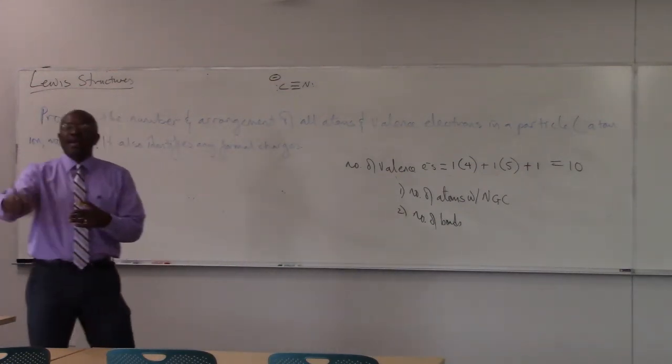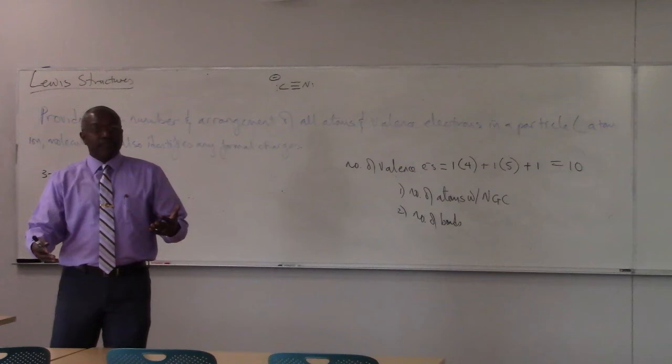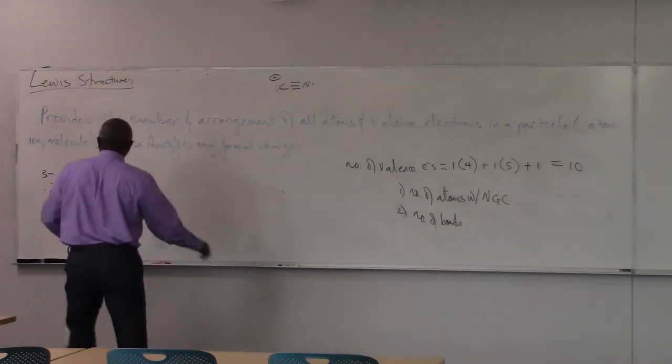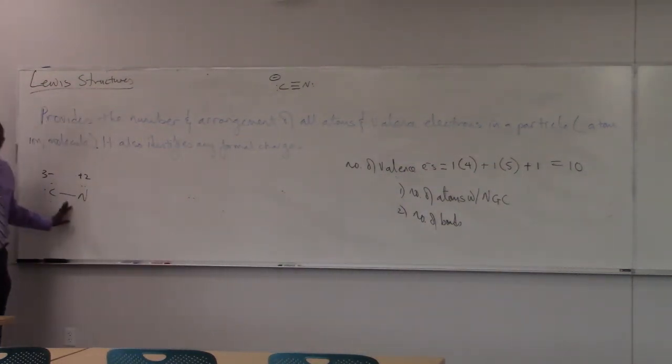So the more bonds I have, the more stable I am. And we'll explore that in some more detail. There's only one bond here, and carbon is capable of forming 4 bonds. N is capable of forming 3 bonds. And yet between them there's only 1 bond. So that can't be good, right? Because they can do better. And the more bonds I have, the more stable I am.